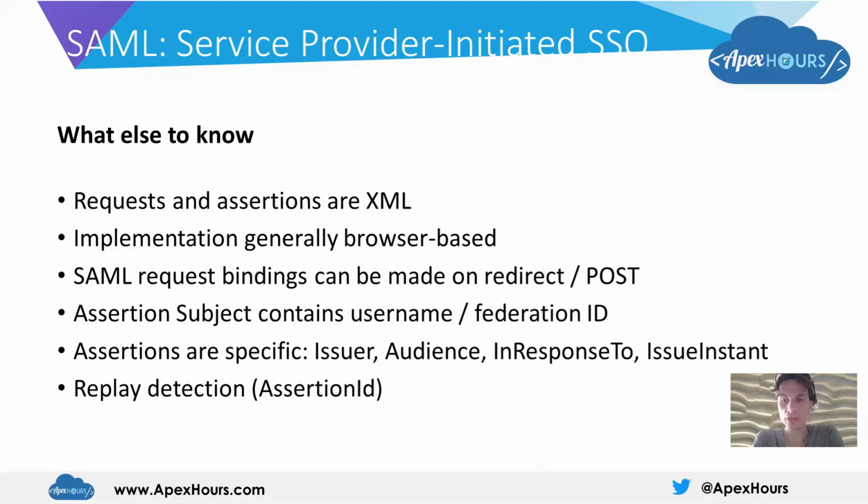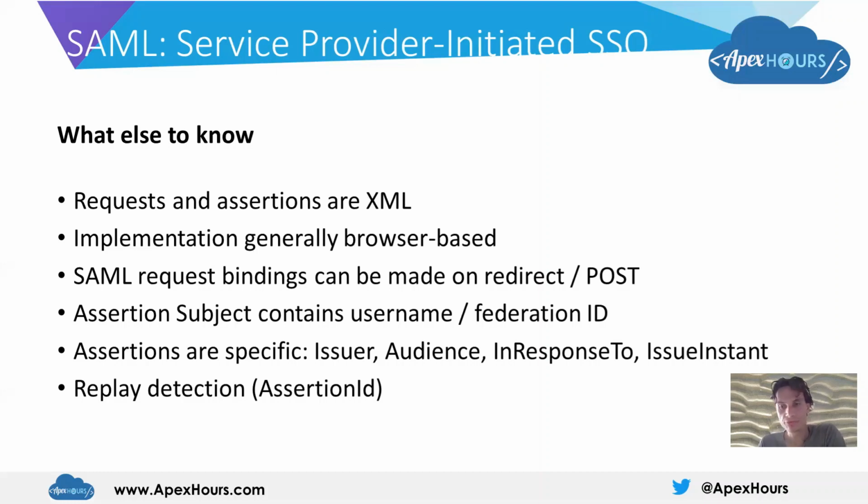The audience attribute is set to the entity ID of the service provider. And it's part of the specification that the service provider needs to check that the audience within the assertion is its own entity ID. What this means is that an assertion can't be reused for other systems. It's only for the service provider that it's been constructed for.